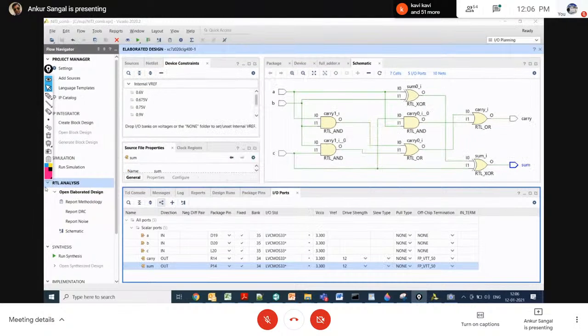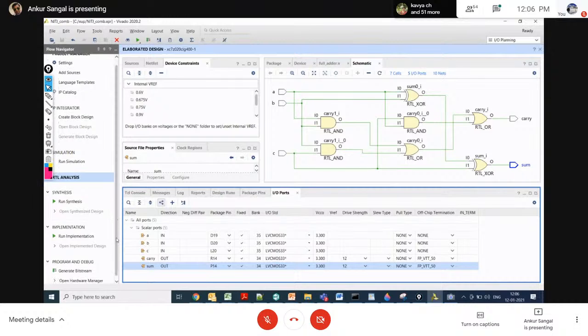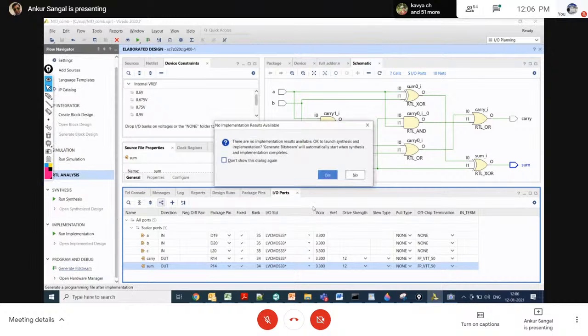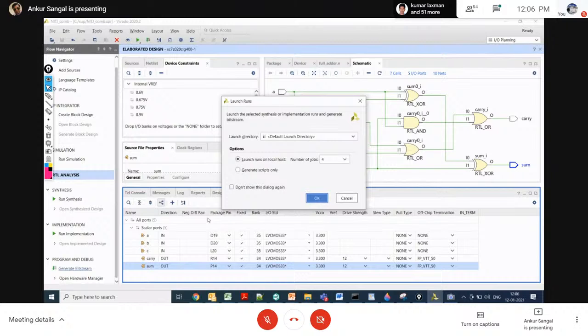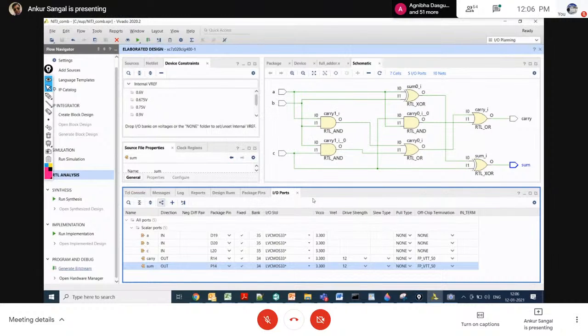After that, you can directly click on generate bitstream, and it will automatically generate your bitstream. Now you can see one beautiful option available in the Vivado toolset: number of jobs, 4. Currently my system has 4 cores free, so it automatically runs the process as 4 parallel operations.